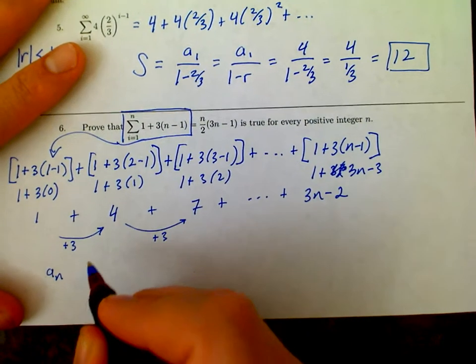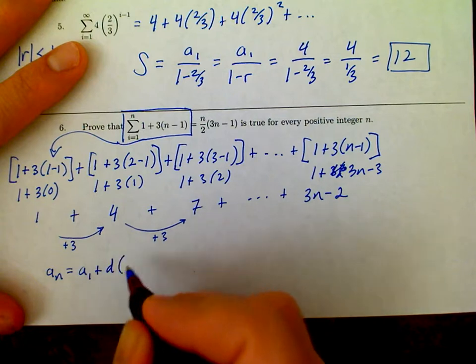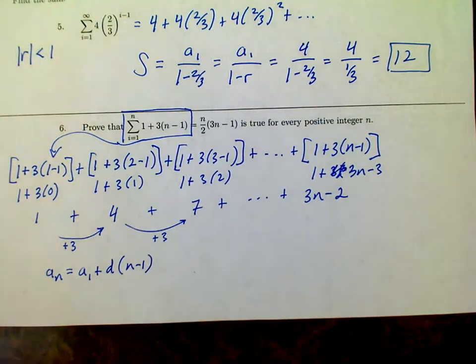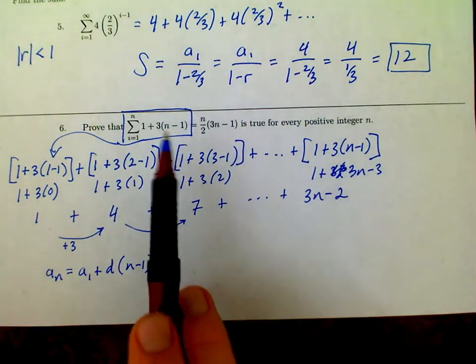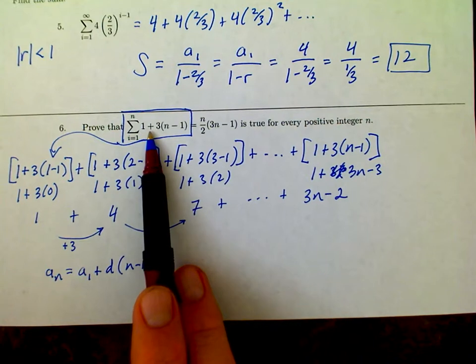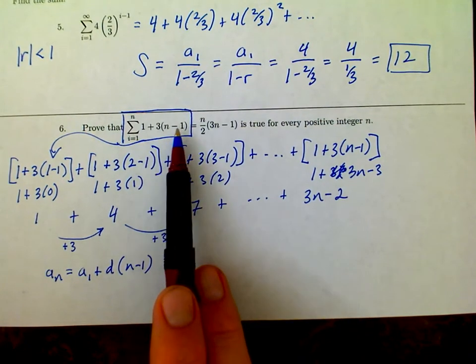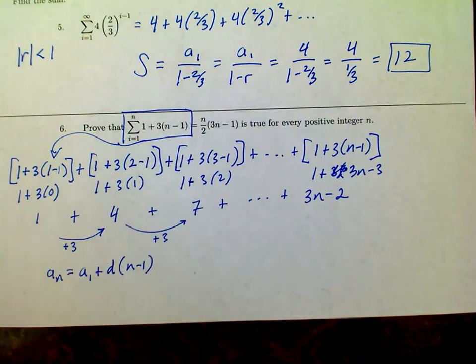A sub n is equal to a sub 1 plus d times n minus 1. That's the formula for an arithmetic sequence. Well, that's what this is. This is the first term plus the common difference times n minus 1. So we've actually got a formula for an arithmetic sequence here.